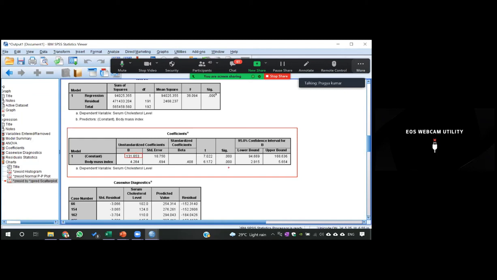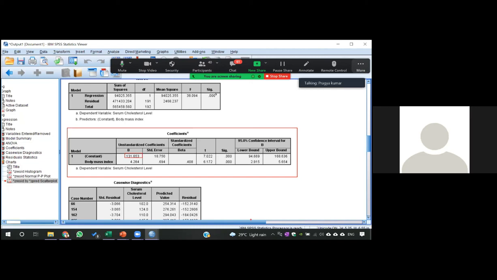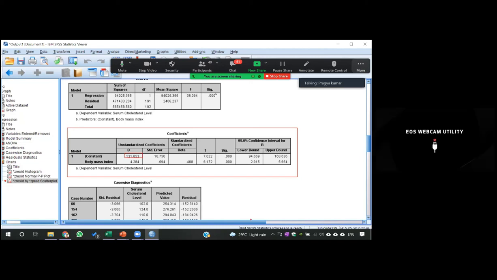So, Ashish, is it clear? If you can recall that equation, Y is equal to beta 0 plus beta 1 into X. Can you recall that? Or I will open both. Yes, ma'am.